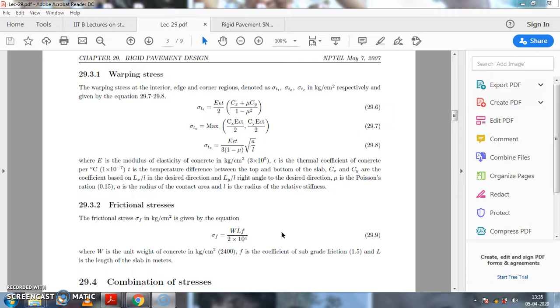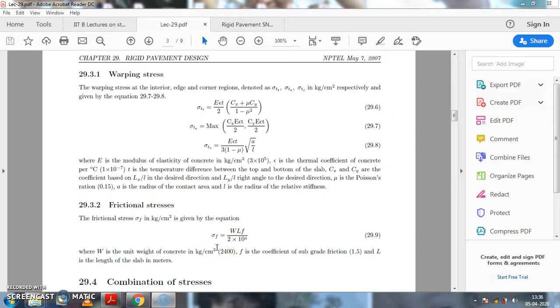So in a long slab, the greatest frictional resistance would be at the end of the slab, and the least would be at the center. Again, I am repeating.